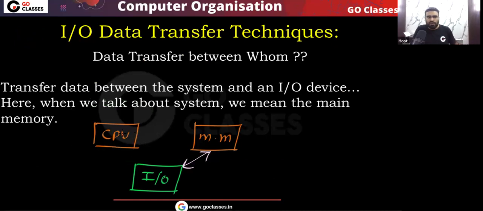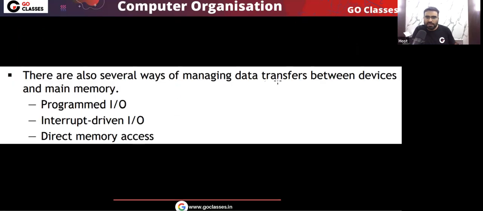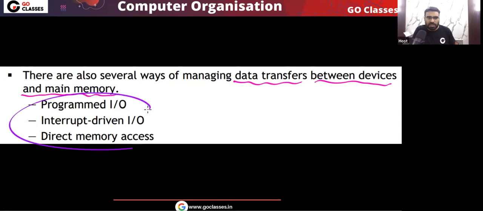So remember, when we say data transfer, it is between main memory and IO devices, and for this we have three methods: programmed IO, interrupt driven IO, and DMA.